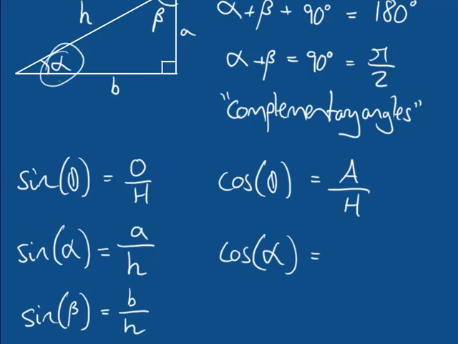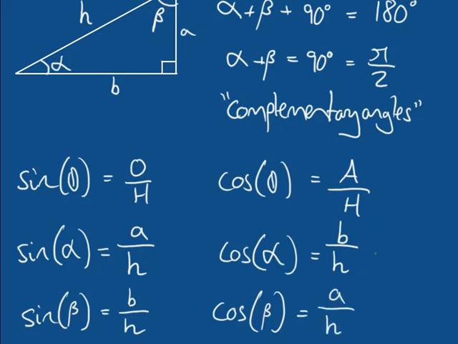Well, the adjacent to alpha is B, and the hypotenuse, of course, is H. And the cosine of beta is equal to the adjacent over the hypotenuse. Well, the adjacent of beta is A. And again, that's over our hypotenuse, which is H.